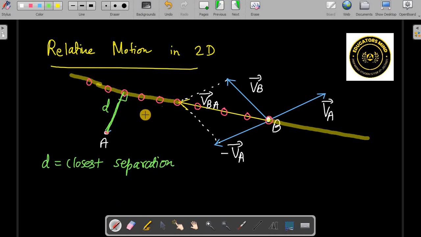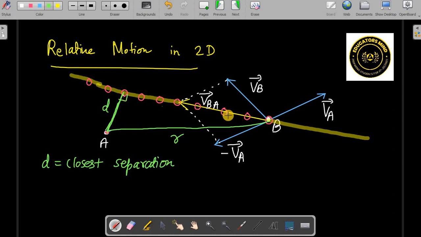So how do you calculate D? Once you calculate VBA, suppose initially they are separated. Initial separation they will give. So let us say initial separation when you join A and B, they have given this initial separation is R. And VBA is going in this direction.